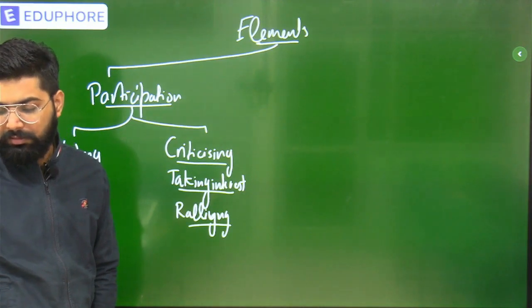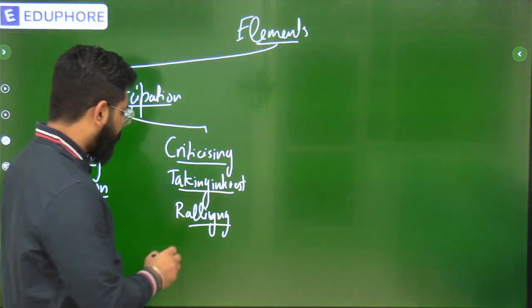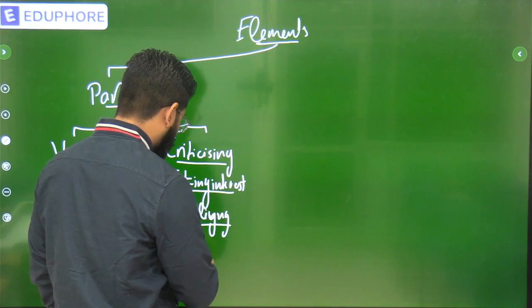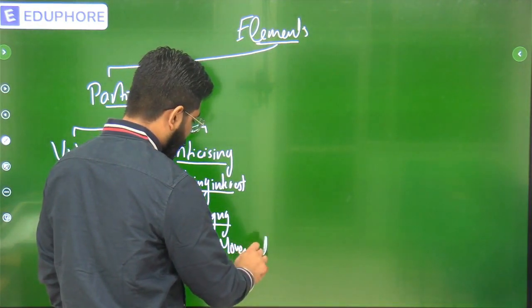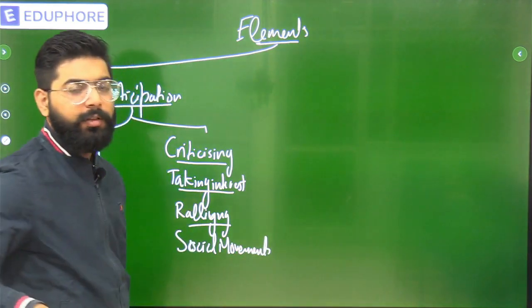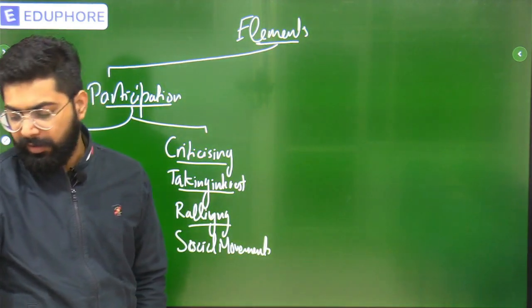They can also have social movements. This is the first key element of the democratic government.